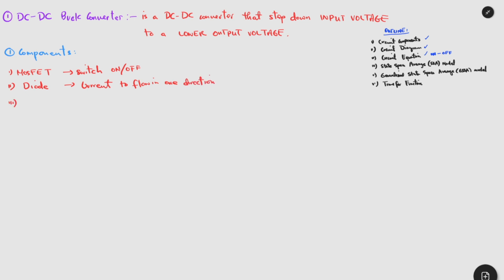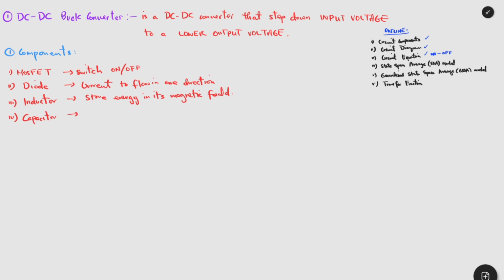Thirdly, what we need is the inductor, and we know the function of the inductor, where it stores energy in its magnetic field. Fourth, we need a capacitor.